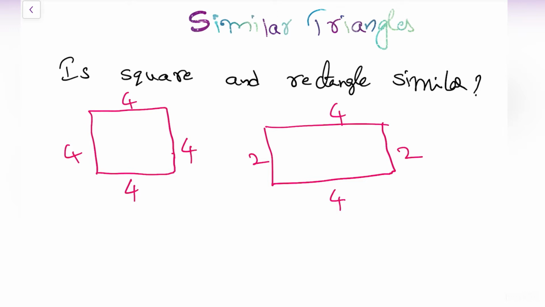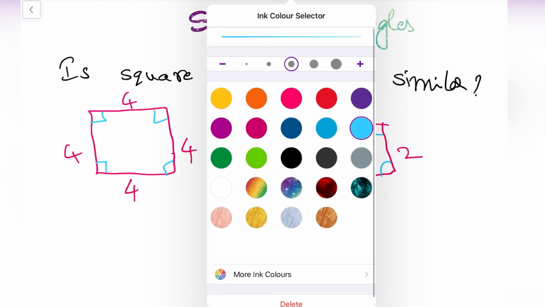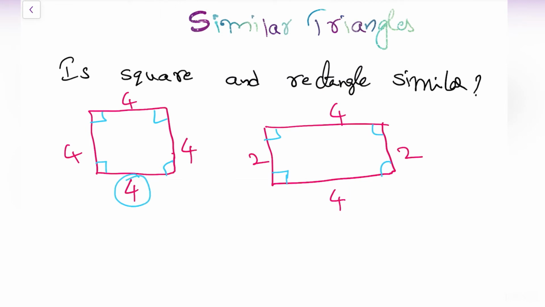First we need to check the angles. In a square all the angles are 90 degrees, as well as in a rectangle all the angles are 90 degrees. So corresponding angles in the two figures are equal to each other, and next we need to check the ratio of corresponding sides. That is, base of the square divided by base of the rectangle.